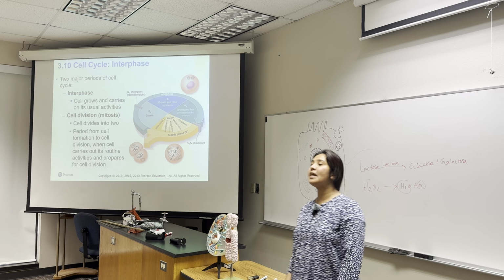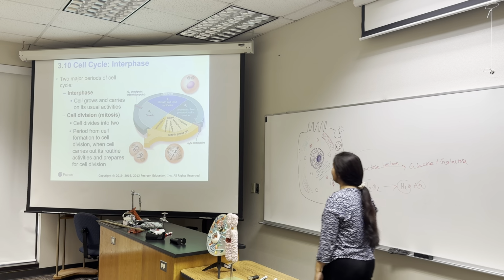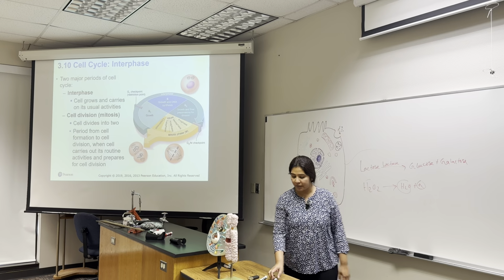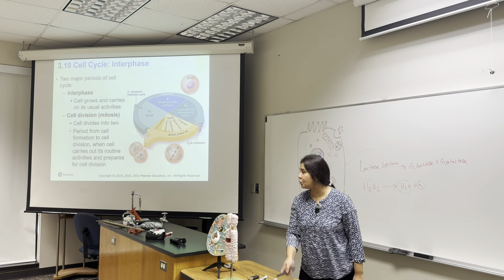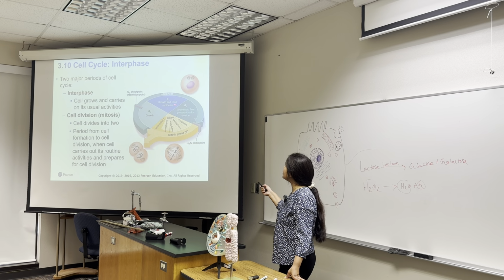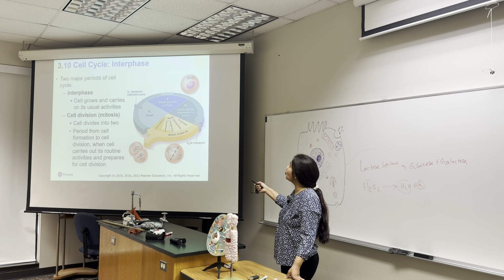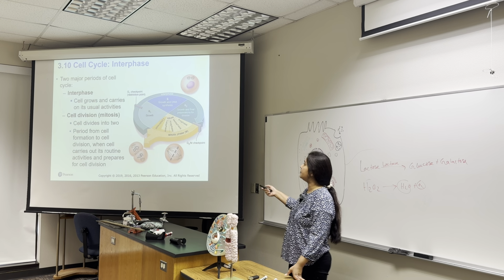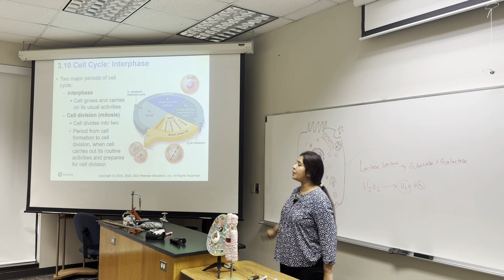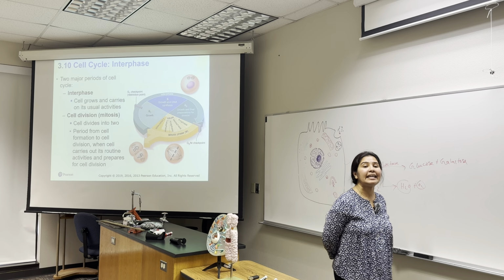Your cell has divided. All of your cells have a cycle. First your cell is born, and then your cell has to grow and carry on its usual activities, right? That is called the preparation phase or the interphase.